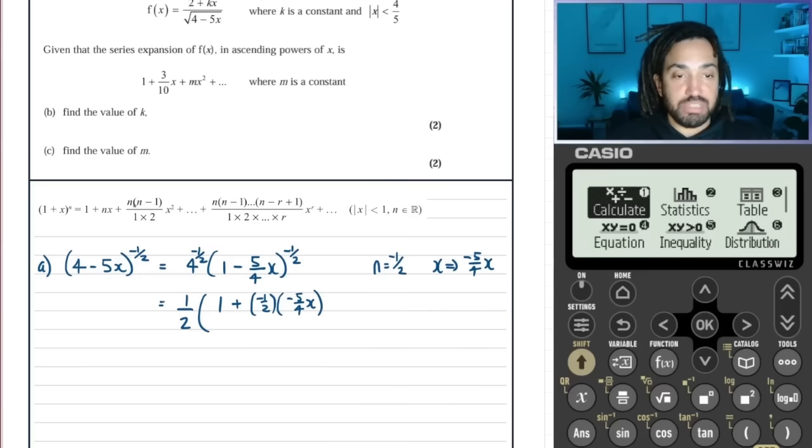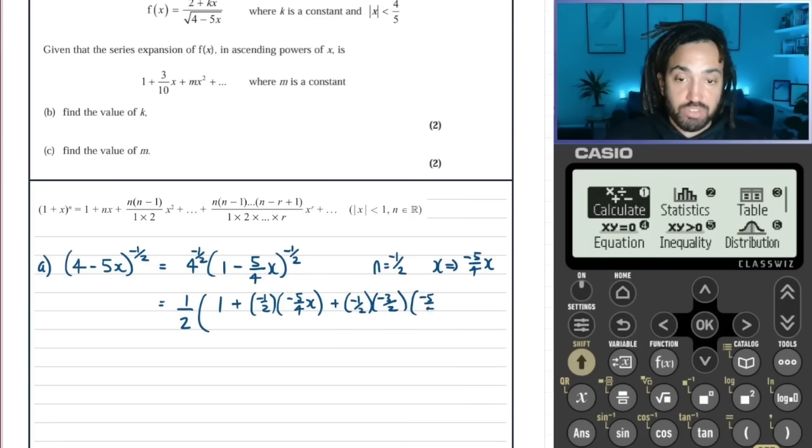And then the next term is n times n minus 1. So that's minus a half times, if I take 1 away from that, it'll be minus 3 over 2. And then x squared is minus 5 over 4x squared. And then all of that needs to be divided by 1 times 2, which is just 2. And then we'll close the bracket there.